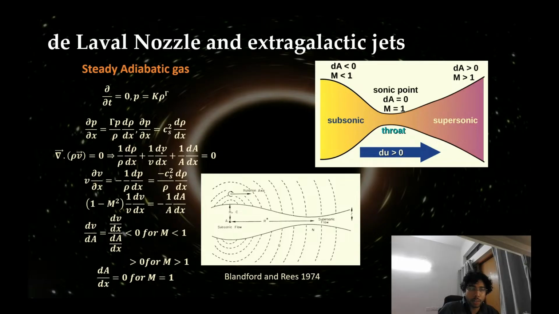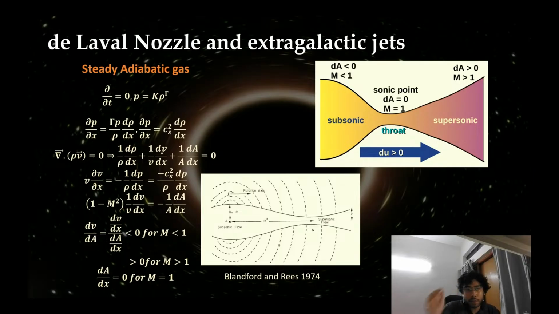So this is what we can understand from this equation without explicitly solving it, but we want to see how it helps us, right? For example, in the case of jets, what we are trying to do is design a system such that a fluid is flowing through that system, and initially it was at subsonic speed, so it has Mach number less than 1, and then it goes into supersonic speed, so Mach number greater than 1 after that.